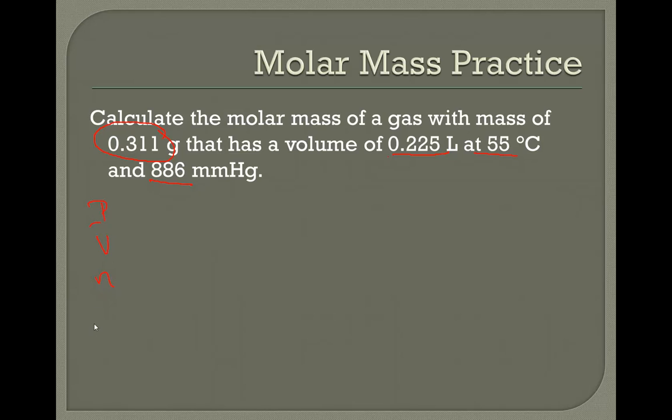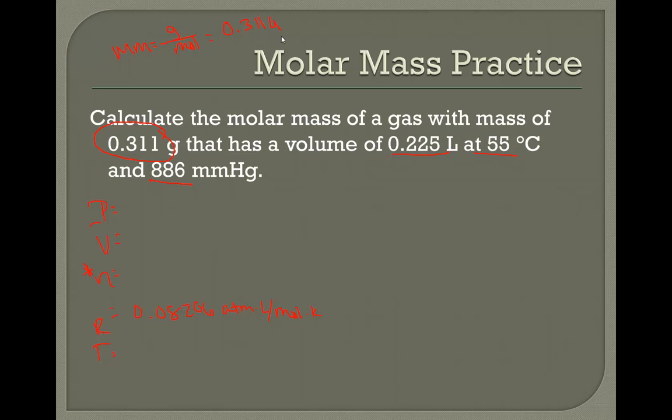Let's get our R ready, so that way we know how to match up the rest of our units. Okay, so 0.311 grams. Remember previously when we were trying to figure out the molar mass, we said if we took the grams over the moles, we can figure out what the molar mass is. Well, we can figure out the n, because it's going to be 0.311 grams over whatever n is.